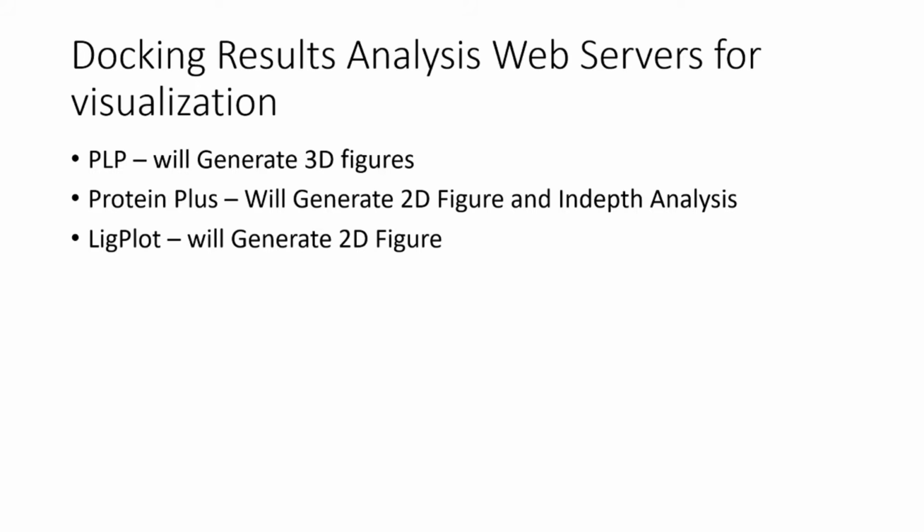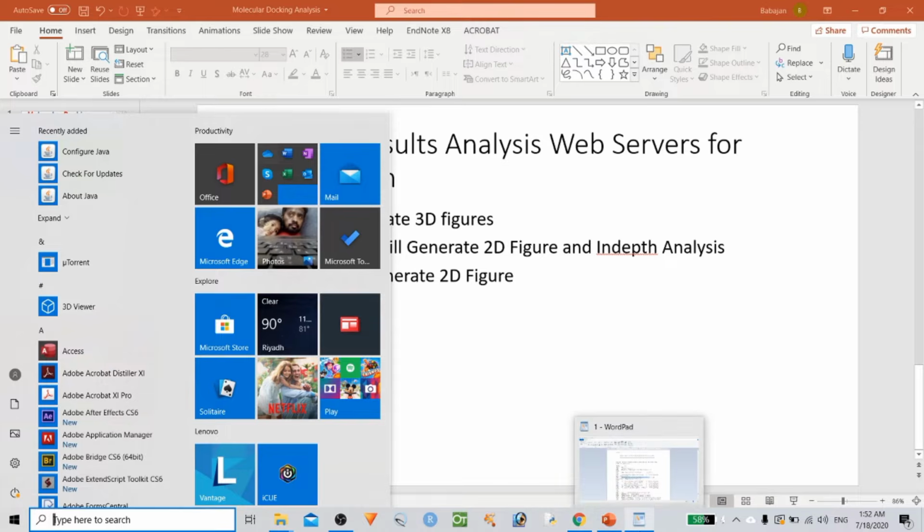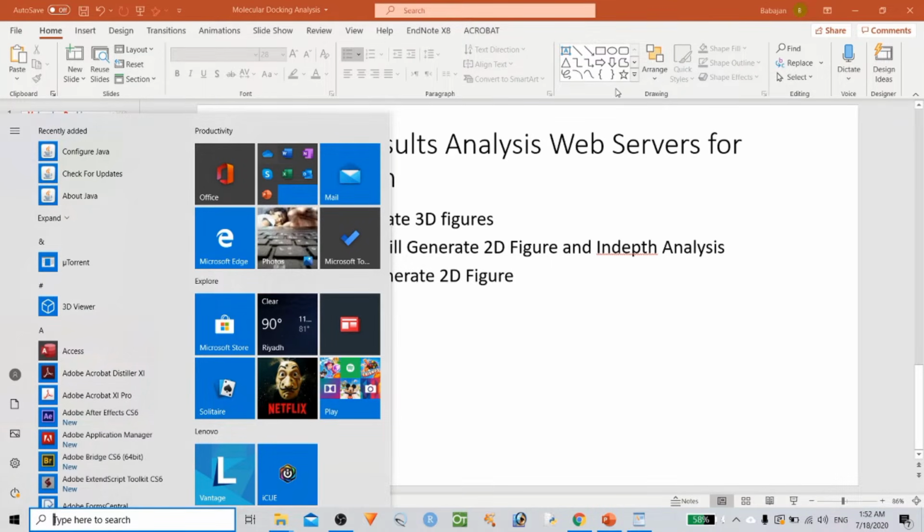So in the first step, we need to save the docking complex as a PDB format file. Then we will start to visualize that protein. Okay, let's start. So the first step is we have to convert the DLG format into a PDB format file.